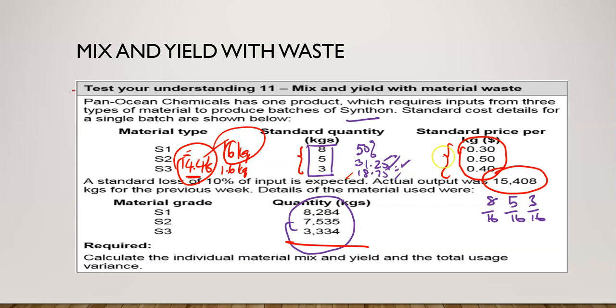So that's what we're spreading it over. So we have 0.3 times 8, 0.5 times 5, and 0.4 times 3. That's what you've spent. So 8 times 0.3 is 2.4. 5 times 0.5 is 2.5. 3 times 0.4 is 1.2.